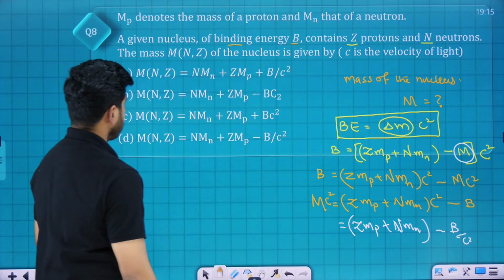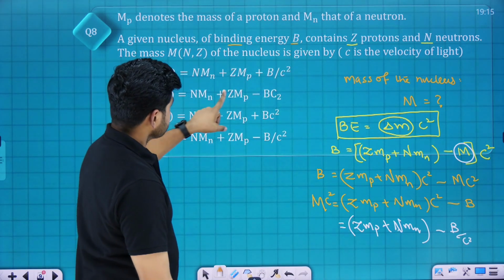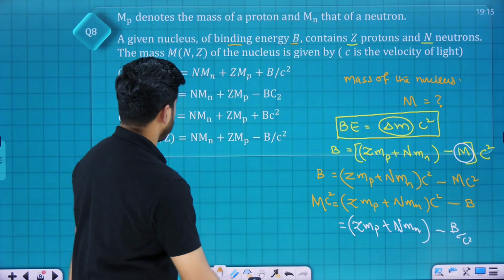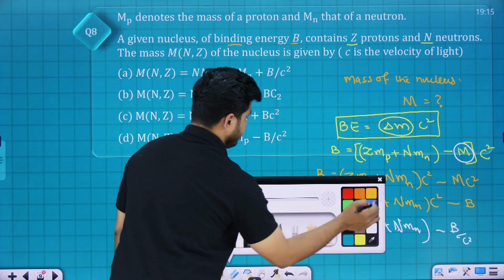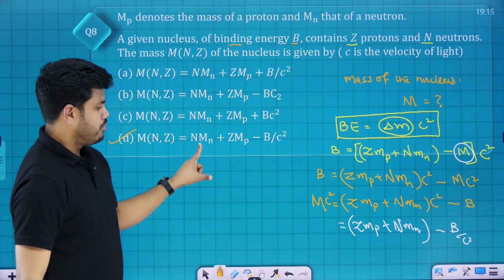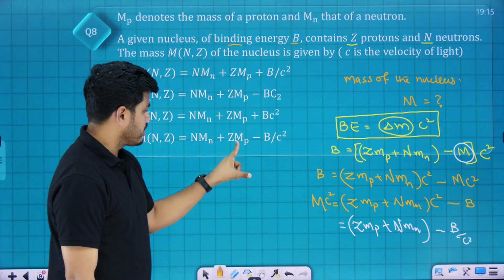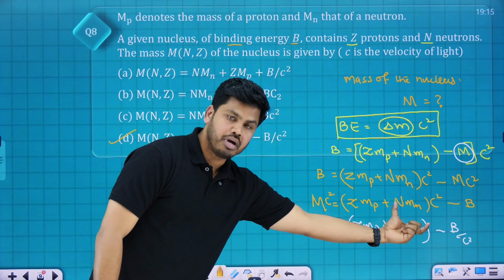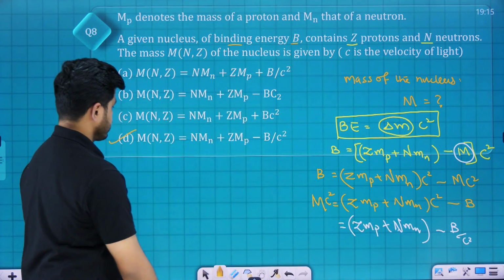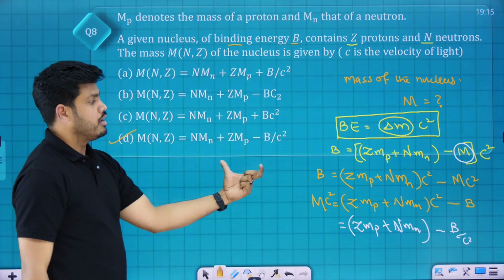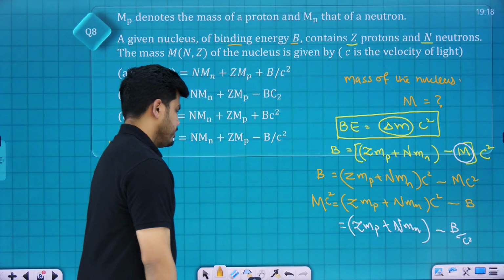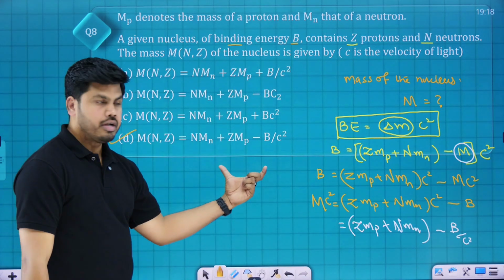So M is equal to Z times MP plus N times Mn minus B by C square, and that is option D. This is the correct answer. It is the expression for the total mass of the given nucleus in terms of binding energy.